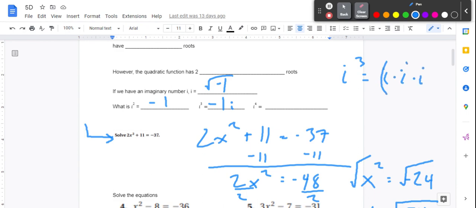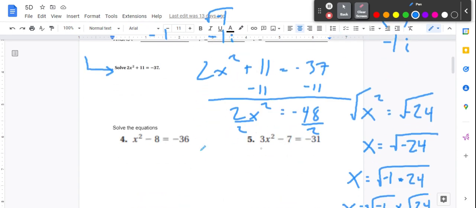So we know i times i is -1, and we still have an i there. What about i to the fourth? Think about what i to the fourth power would be equal to. And you can go ahead and try solving these two equations down here.